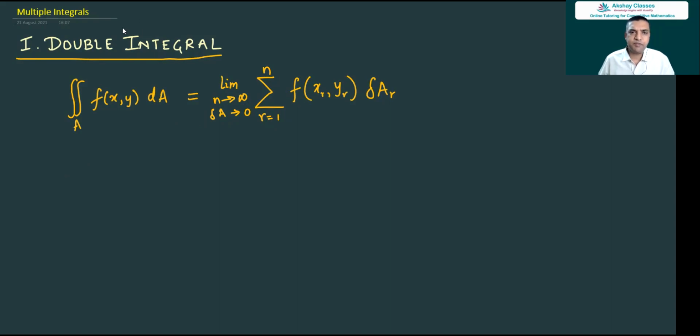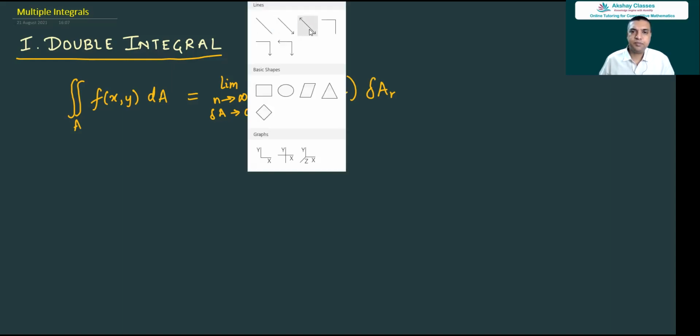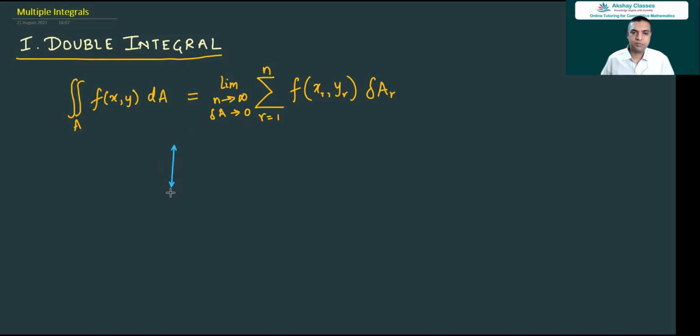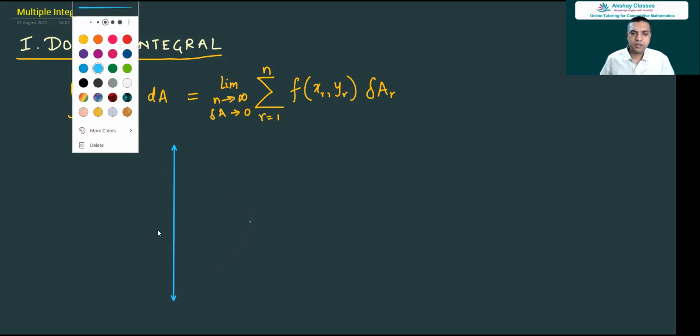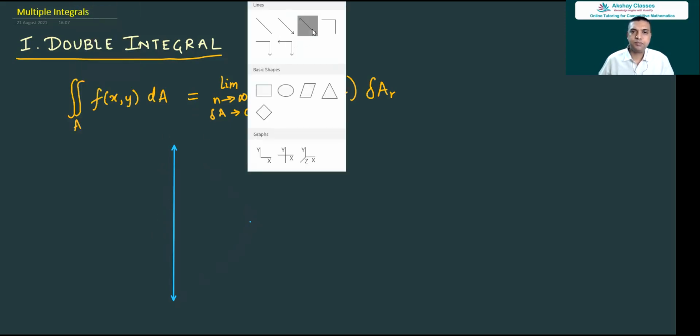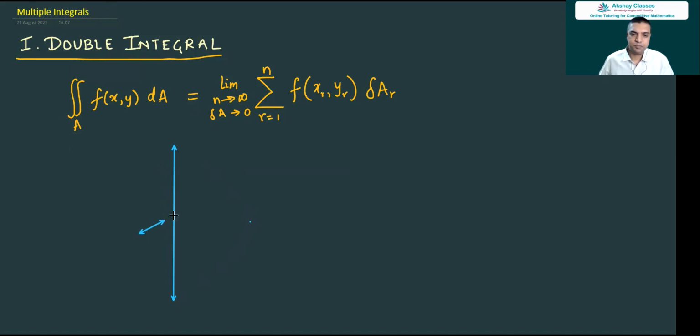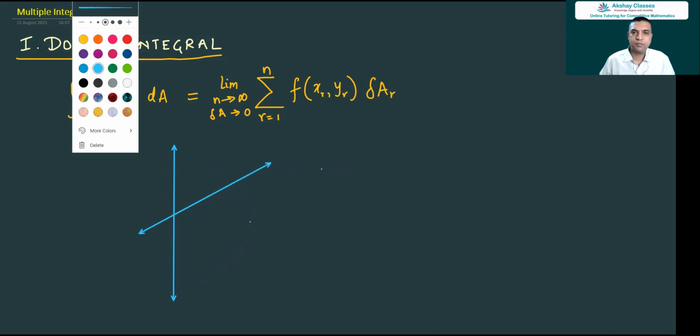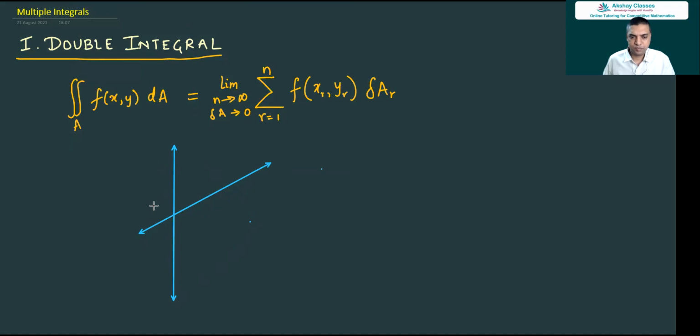So we know the function of several variables. It's a three-dimensional problem. This is the origin.